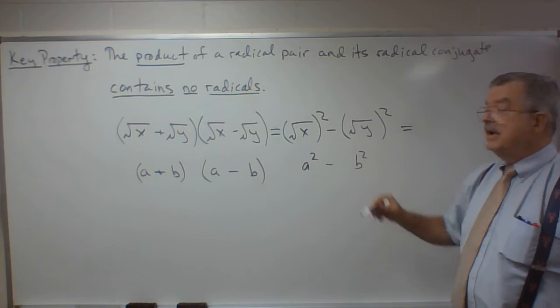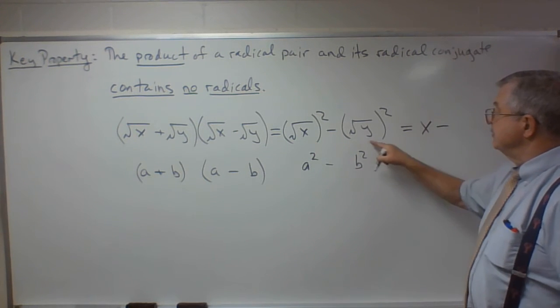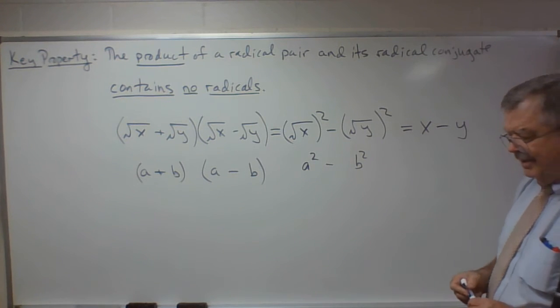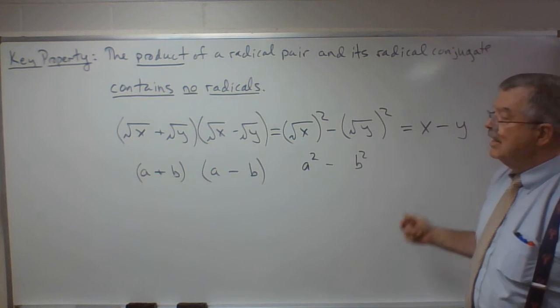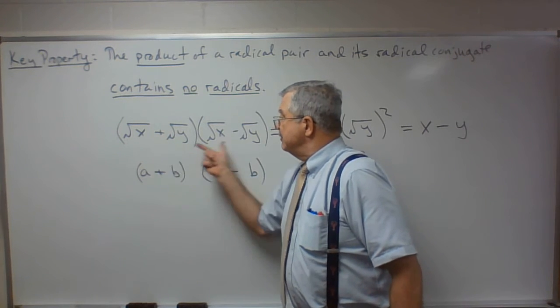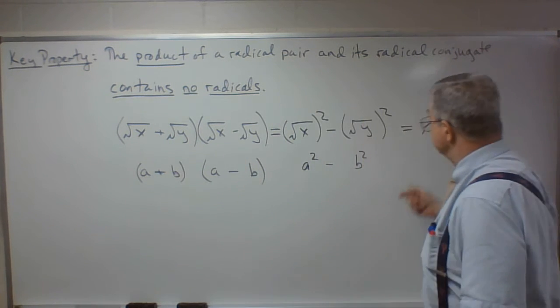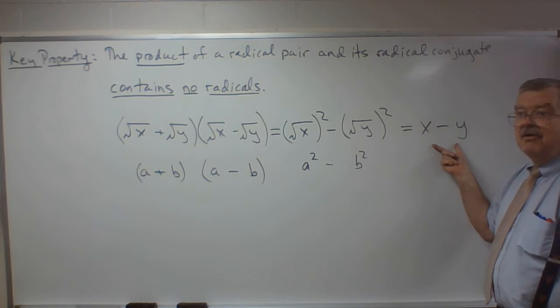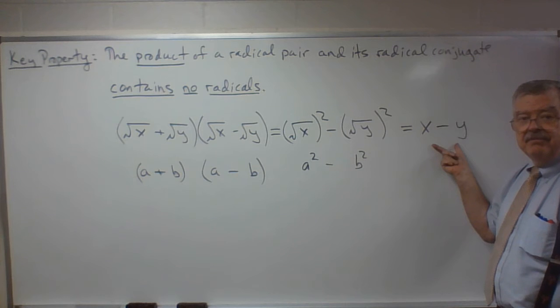Square root of x squared, that's x. Square root of y squared, that's y. You see that? This radical pair times its radical conjugate equals x minus y. No radicals here.